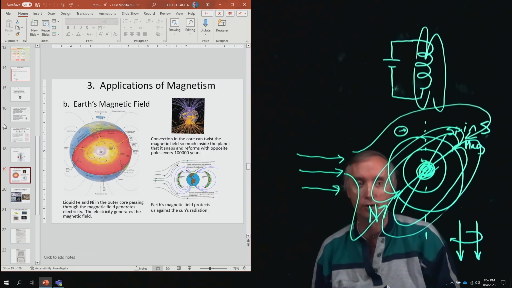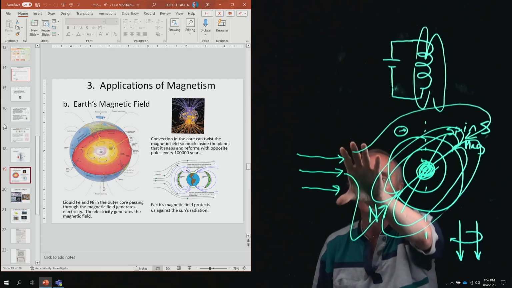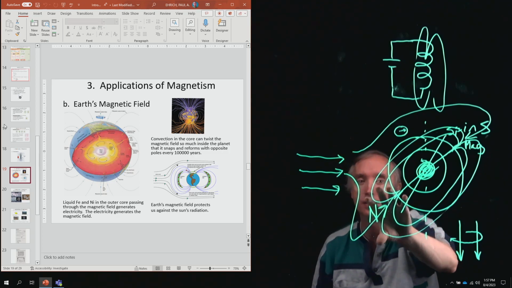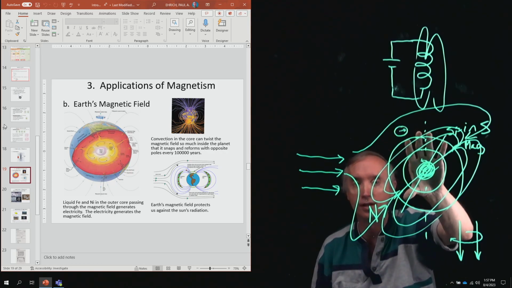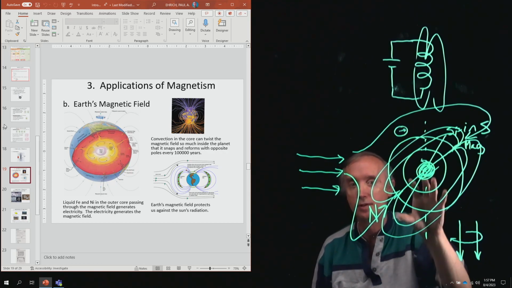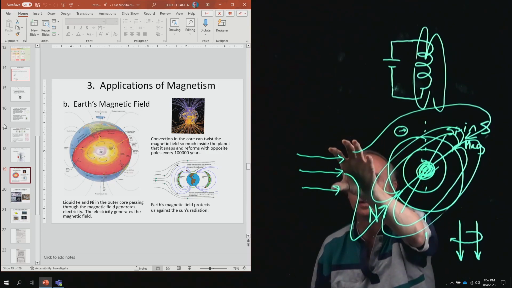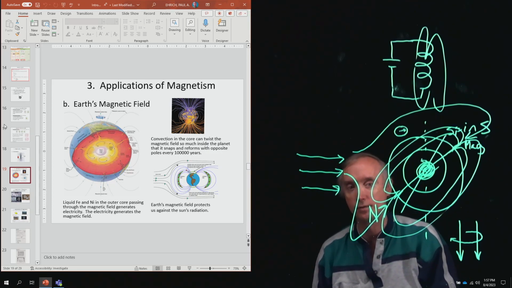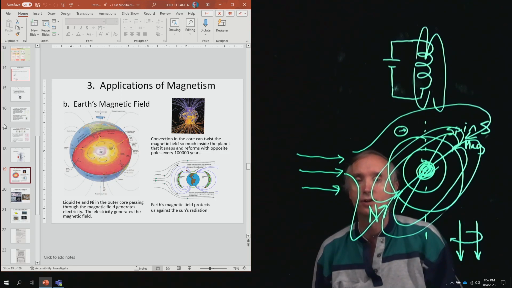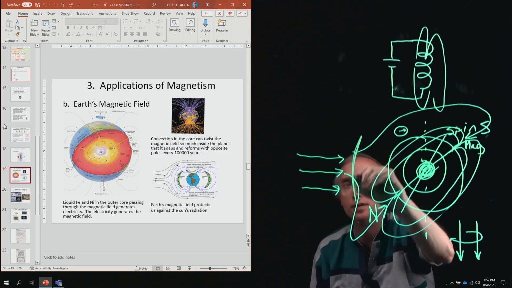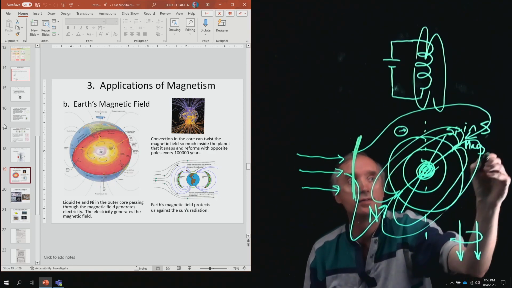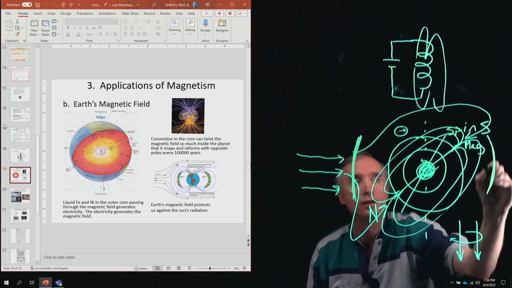So the aurora borealis, when these particles hit the atmosphere of the Earth. And so it's a good thing that the Earth has a magnetic field because that protects us against the solar wind.